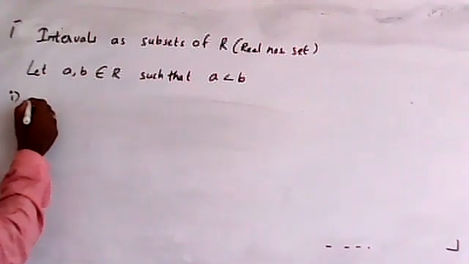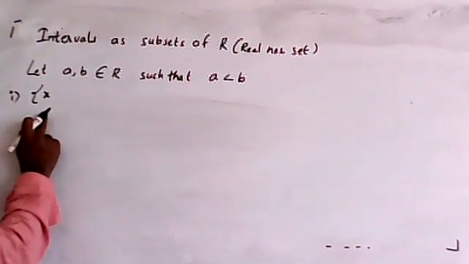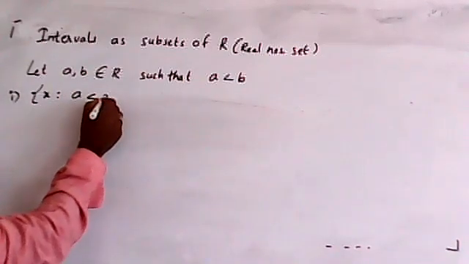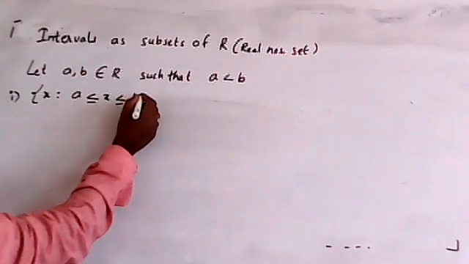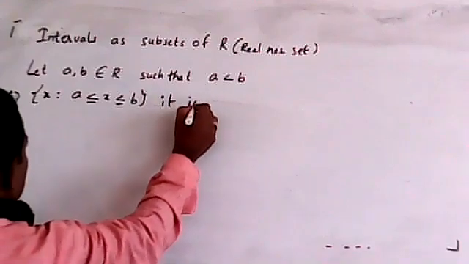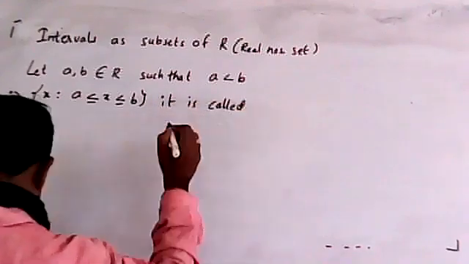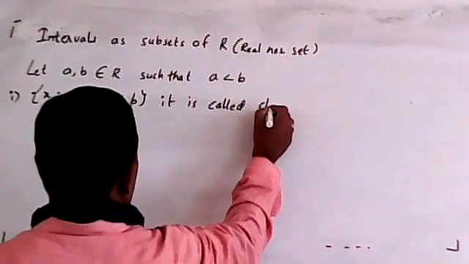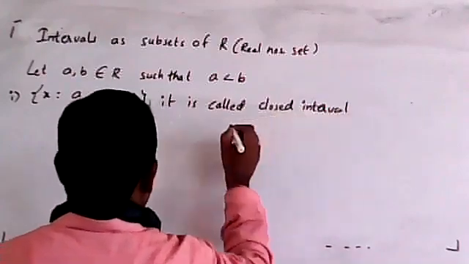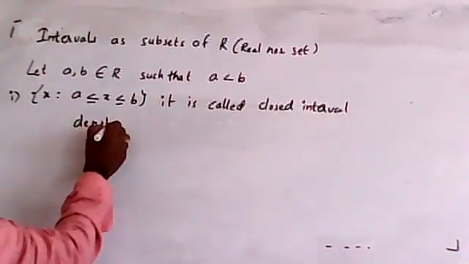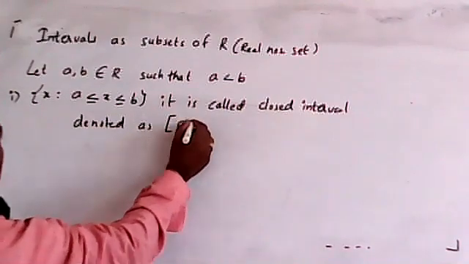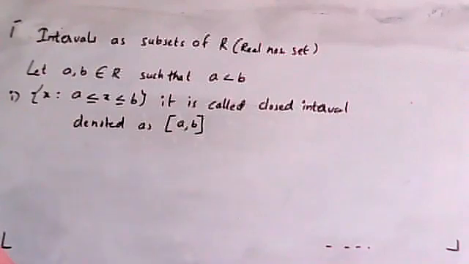Say there is another set having all the elements of x such that a is lesser than or equal to x is lesser than or equal to b, and it is called a closed interval, denoted as closed bracket a comma b closed bracket.